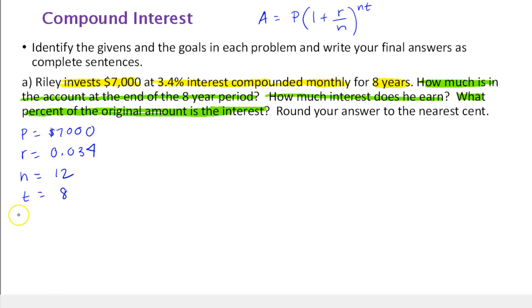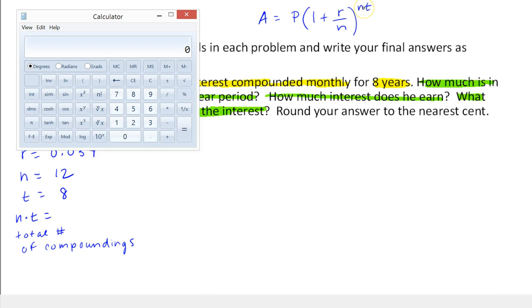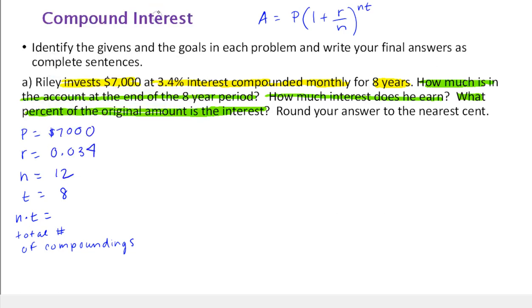Now in addition, I'm going to compute N times T, the total number of compoundings over the life of the investment. It's better to do this now because it's easier and then we don't have complicated things in our exponent. So 12 times 8 is 96, and we'll put that right here.